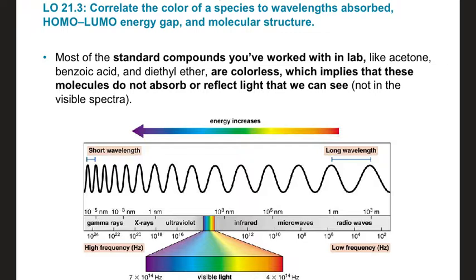So it's not in the visible spectrum. So we've seen this picture before. Our vision ranges from about 380 nanometers to about 720 nanometers in wavelength. That'd be the violet and the deep reds.